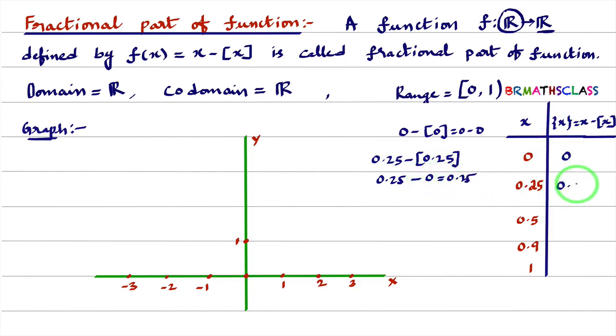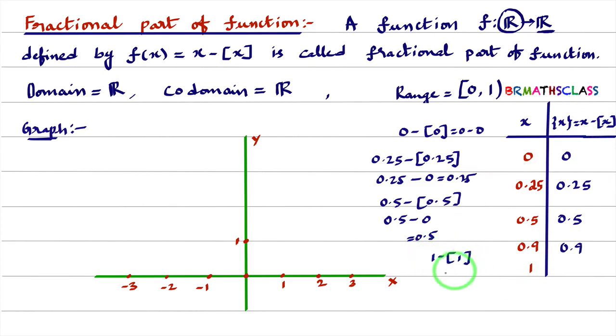The fractional part of 0.25 is 0.25. Fractional part of 1 is 1 minus floor of 1, which is 1 minus 1, which is 0. So here I consider some values, and I'll take a few more values. First, I'll draw the graph for these values and we will see what happens.